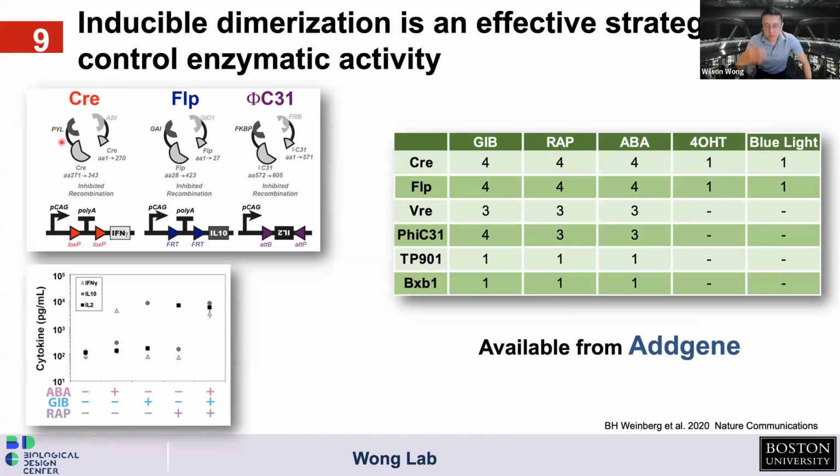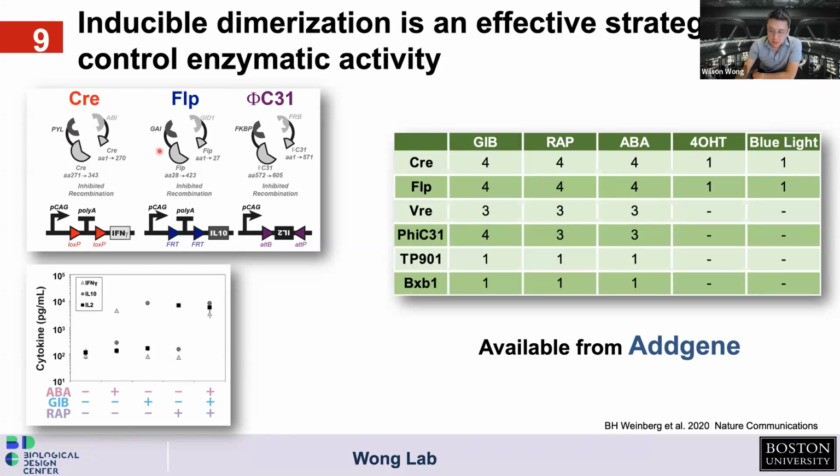When we were designing our system a few years ago, we realized that there's not enough orthogonal inducible systems to work with. So ultimately, we ended up having to build our own set, and eventually I might as well just build as many different systems as we can.